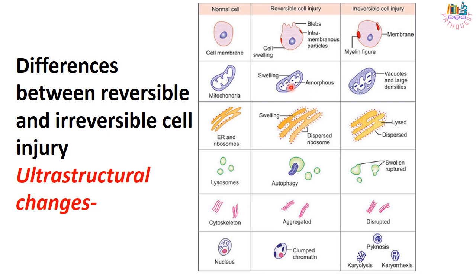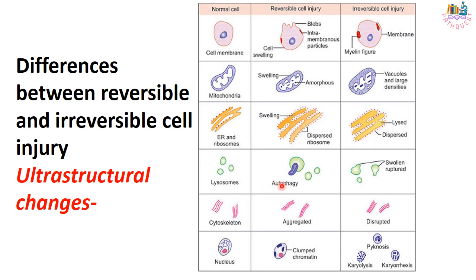But in reversible cell injury, amorphous or small densities are seen in the mitochondria, whereas in irreversible cell injury, large densities and vacuoles are seen in the mitochondria. The endoplasmic reticulum is swollen and there is dispersion of the ribosomes in reversible cell injury, whereas in irreversible cell injury there is lysis of the endoplasmic reticulum and severe dispersion of the ribosomes.